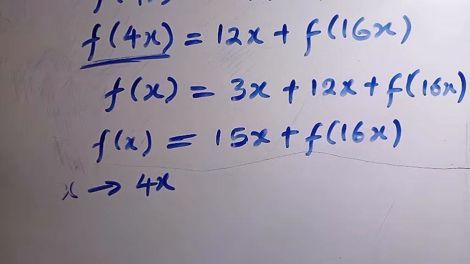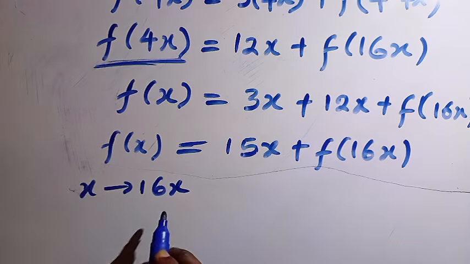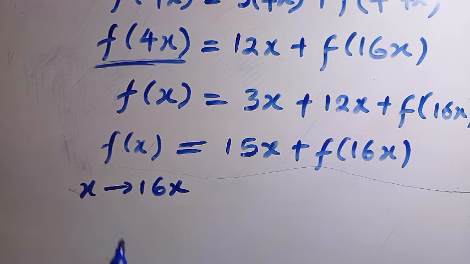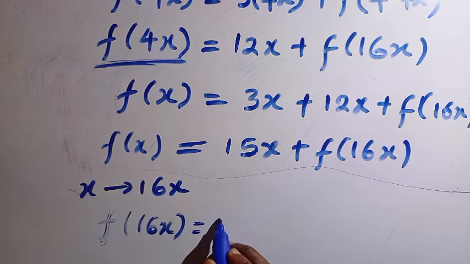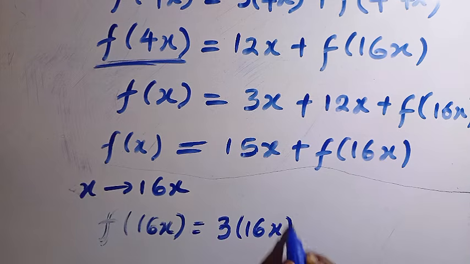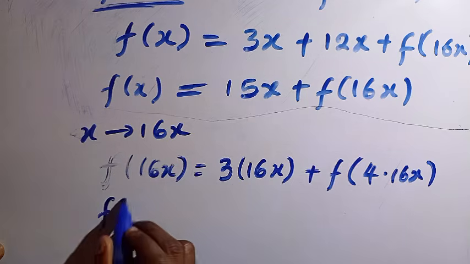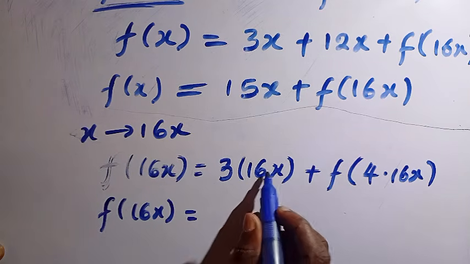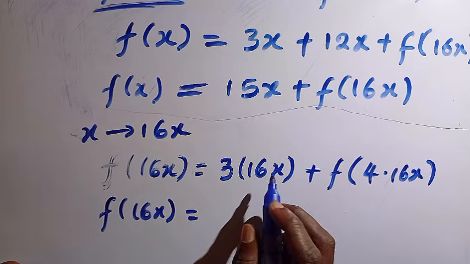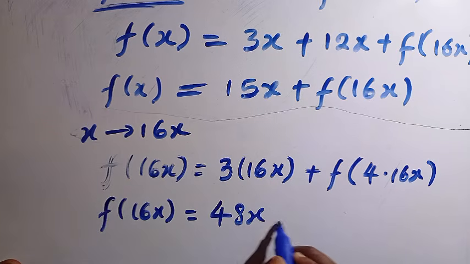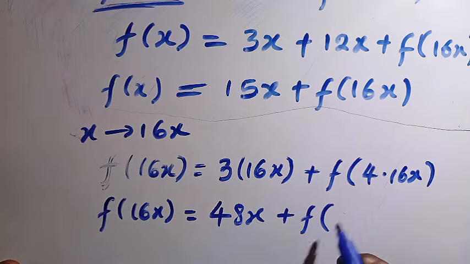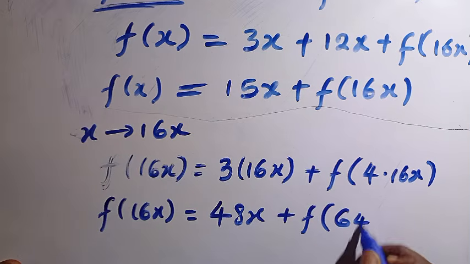Then changing this to 16x in the first equation, we are going to have f of 16x equals 3 into bracket of 16x plus f of 4 multiplied by 16x. By coupling this together, we have f of 16x equals 3 multiplied by 16x, which gives us 48x plus f of 4 multiplied by 16, which gives us 64x.